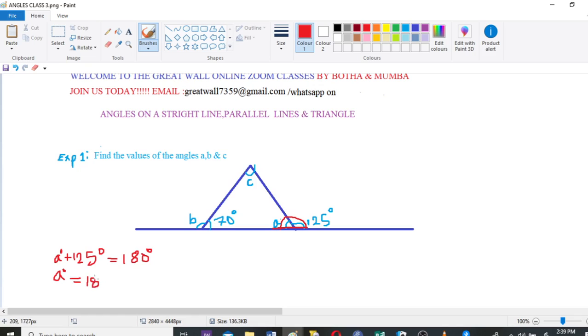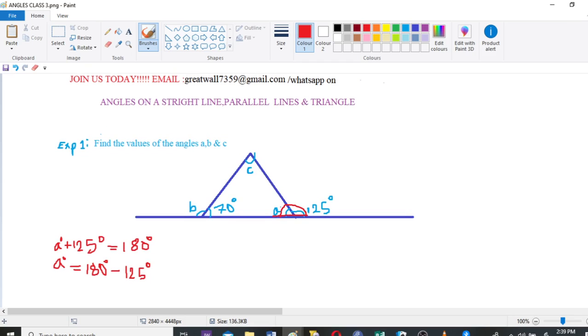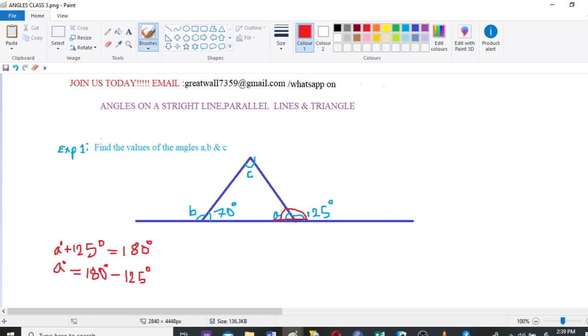So there we have 180 degrees, subtracting 125 from 180. Let me just do this. Okay, let's calculate now.